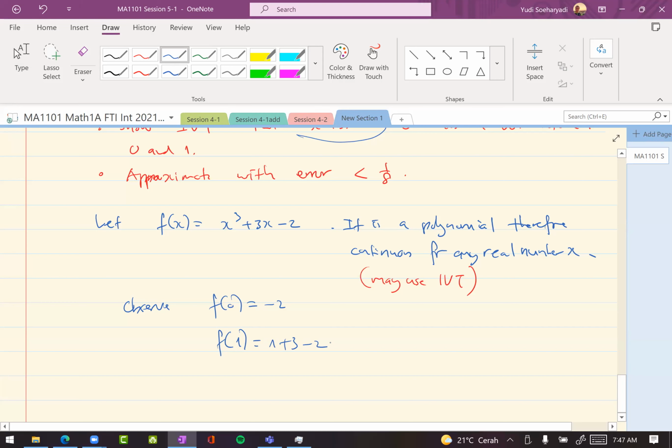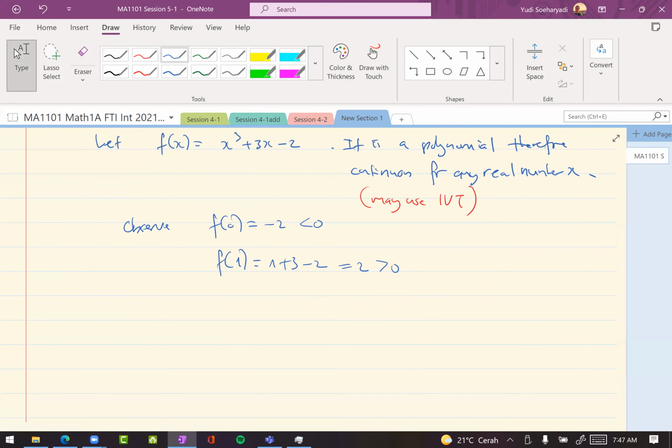Okay, so you have one negative and one positive. Pictorially, it looks like this. Of course, you don't know what the graph looks like, except if you plot it using apps or whatever. But the value is -2 here. Here you get a 1.